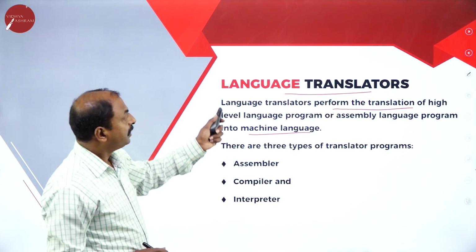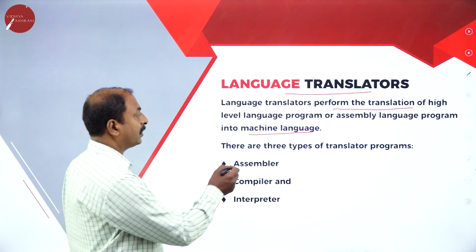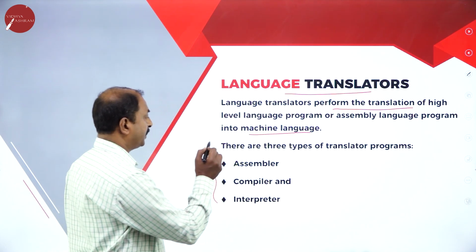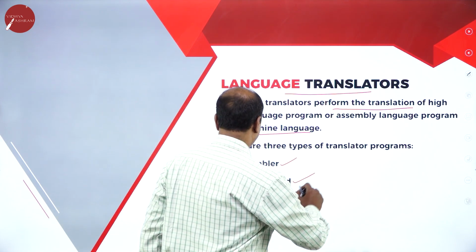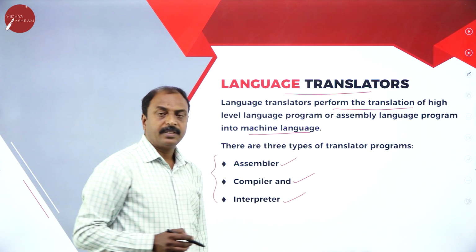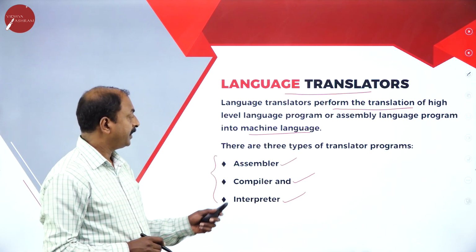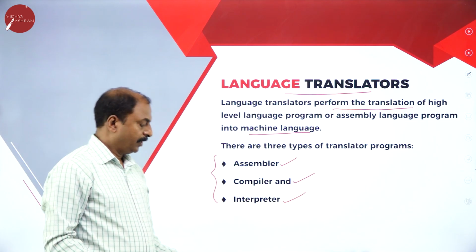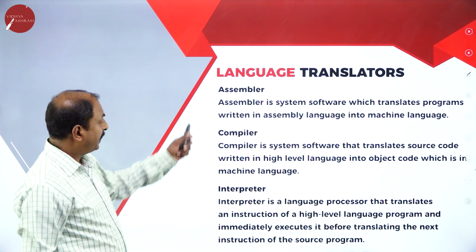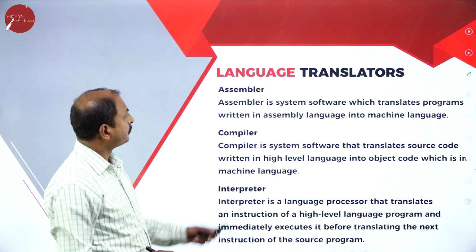So here, if you look at the translators, there are three types of translator: assembler, compiler and interpreter. Now let us see the definition of these three.